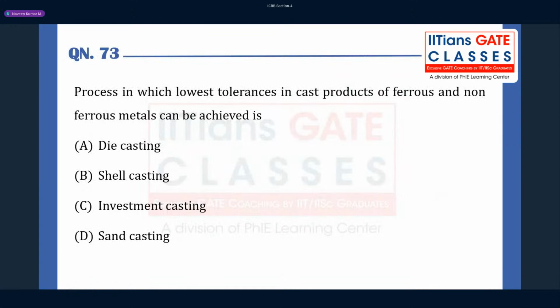Next. The process in which lower tolerances in the cast product of ferrous and non-ferrous material can be achieved. We'll discuss each one of them. First, die casting.